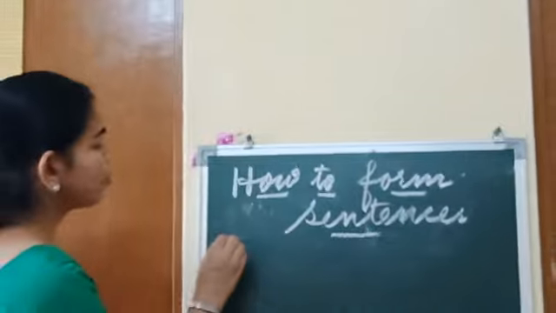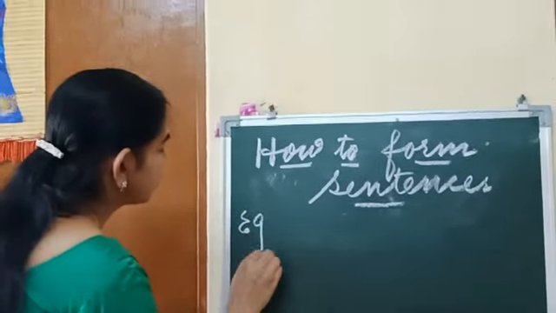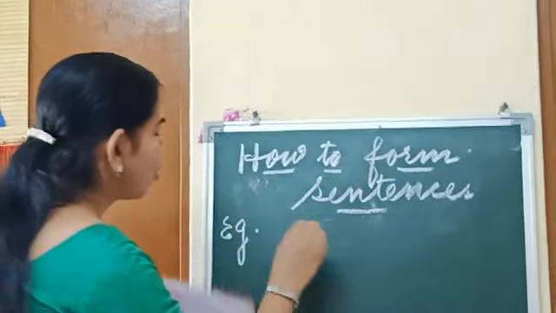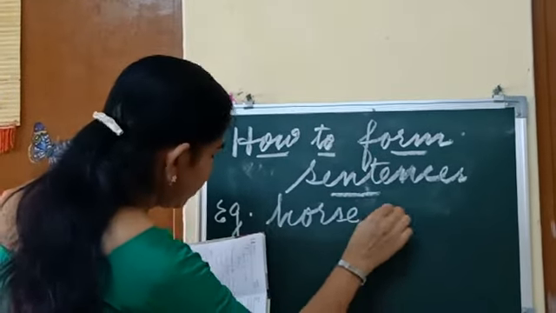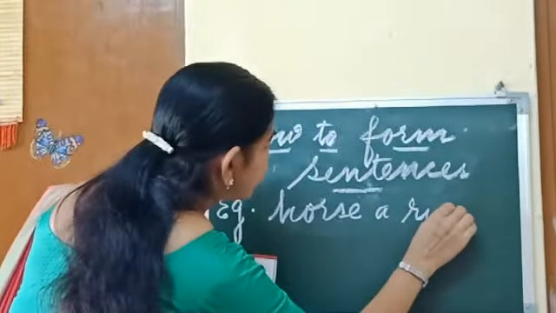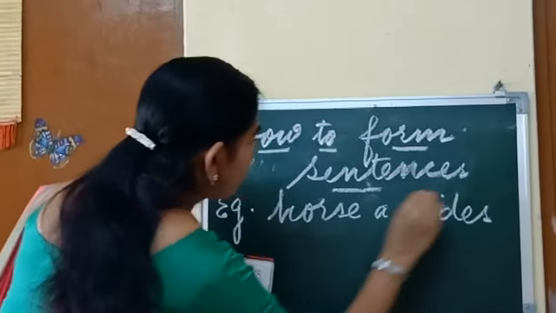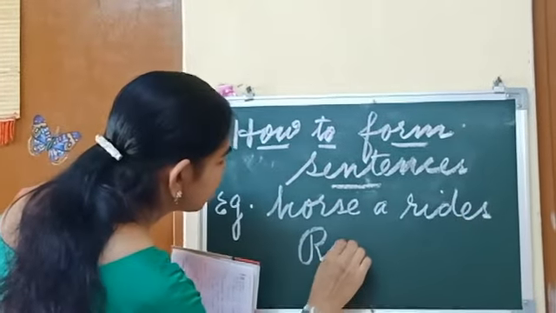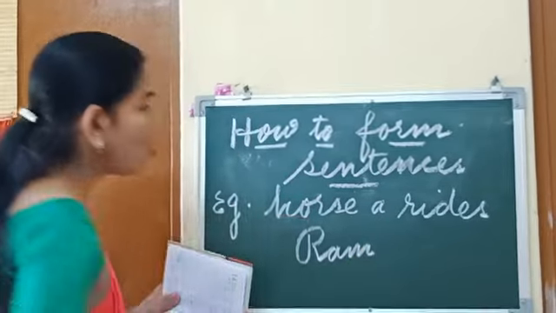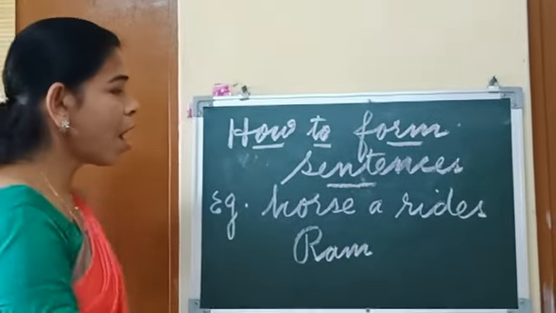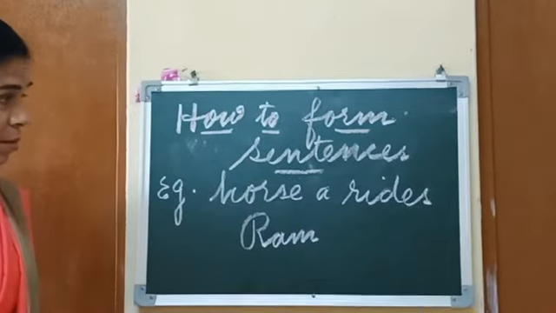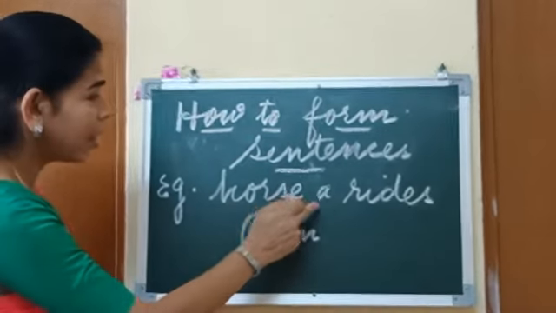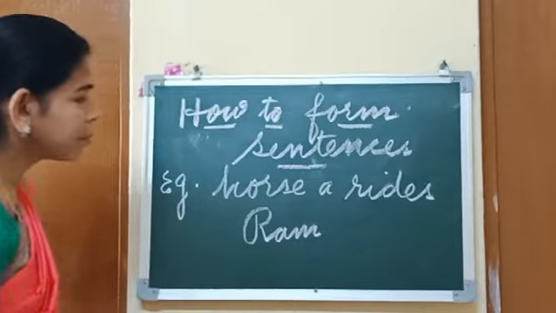For example, I am going to write one example. Horse, a, rides, Ram. Horse a rides Ram. There are three or four words.